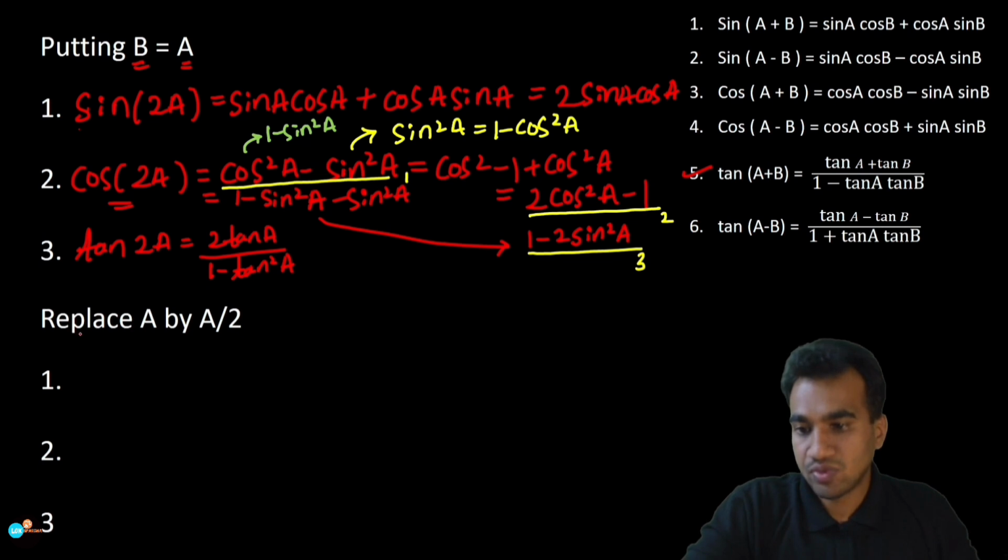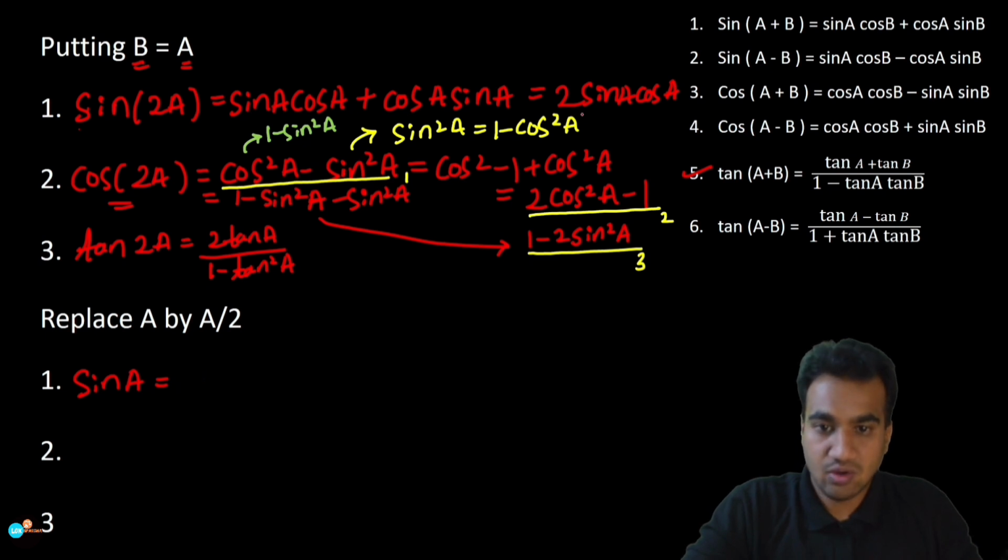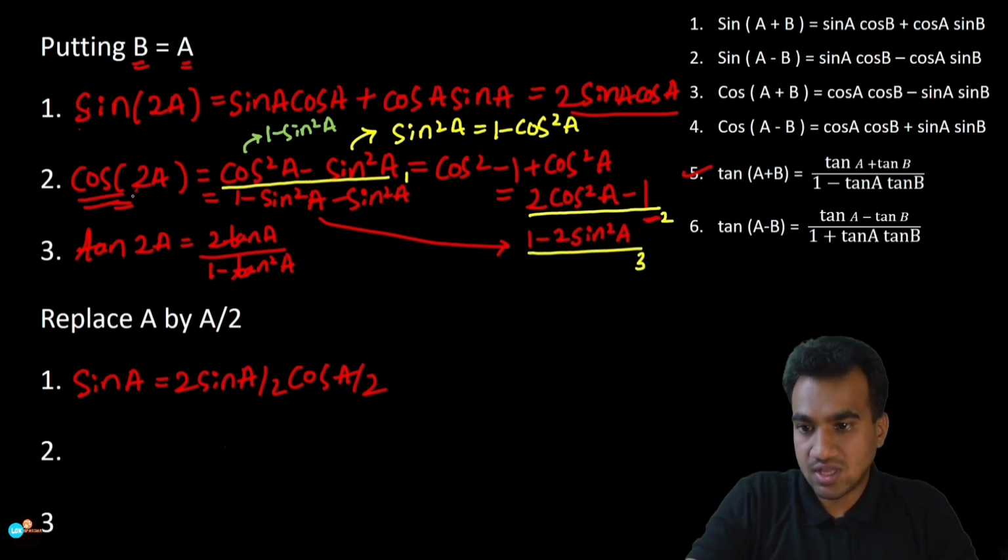Now the first one, sin 2a by 2. So 2a by 2 is nothing but a, that gives you sin a equals 2 sin a by 2 into cos a by 2. So this is one identity, because there are three identities.